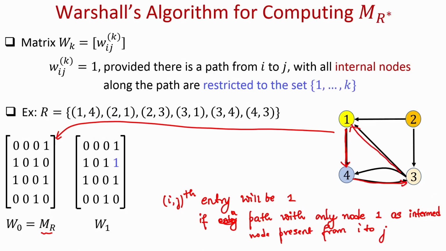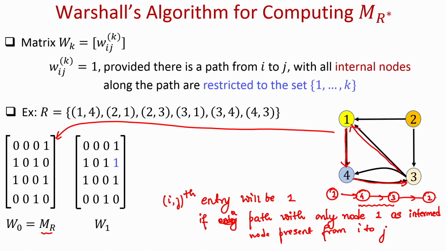That is a path from 1 to 1, but what are the intermediate nodes? They are node 3 and node 4, but they are not allowed to be considered when you are considering the paths in matrix W1.